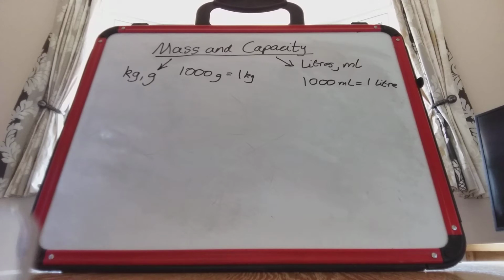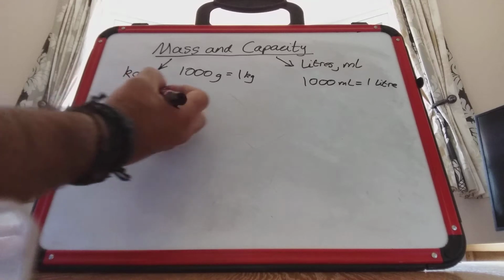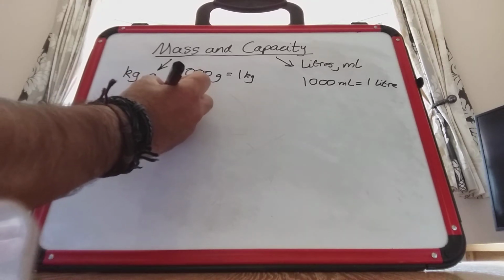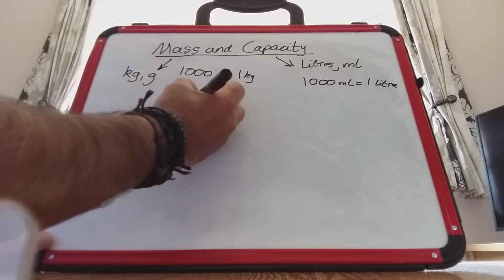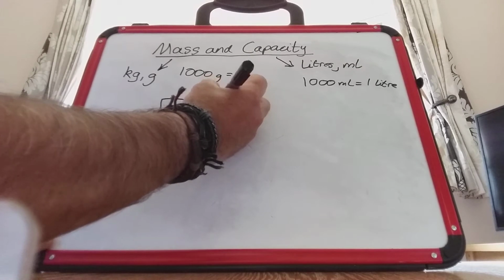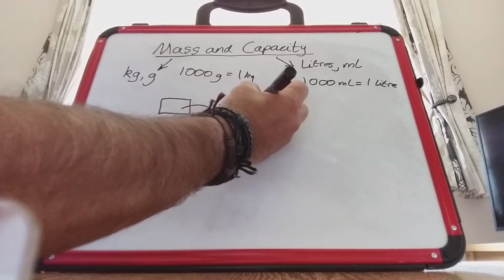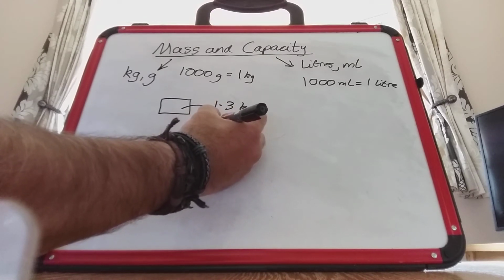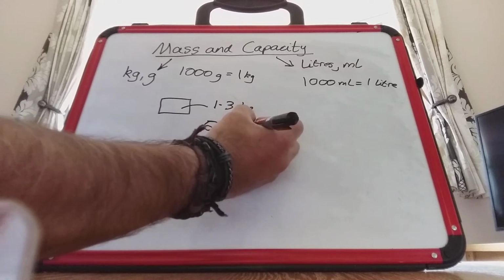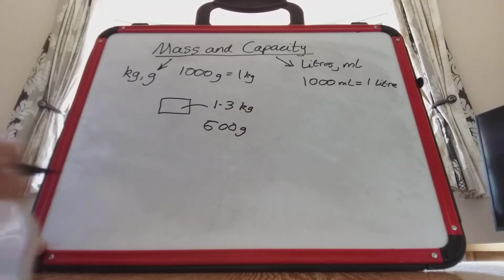The first thing we'll do, I think, is an example of a mass question. So suppose the question says it's got two parcels, and one weighs 1.3 kilograms and the second weighs 600 grams, and it might say how much do they weigh all together.